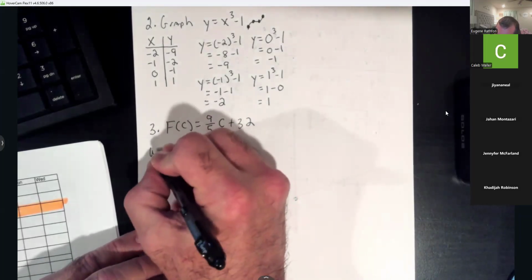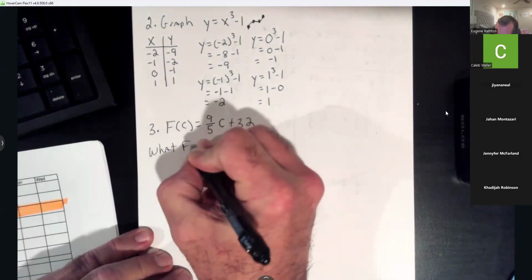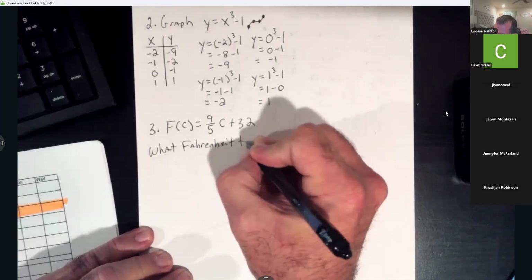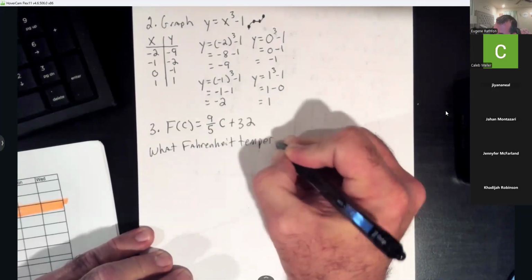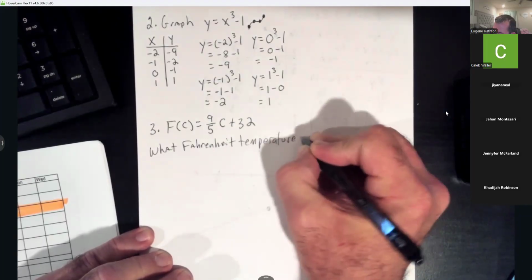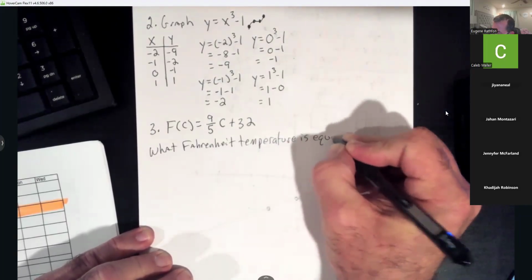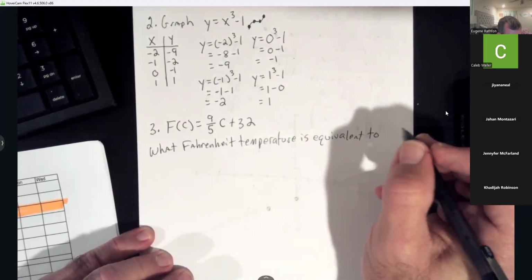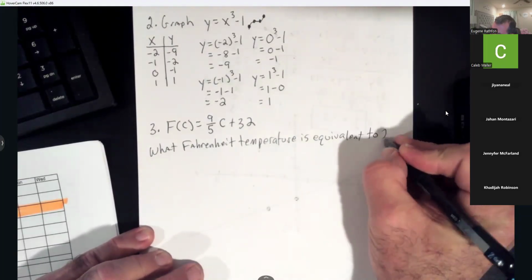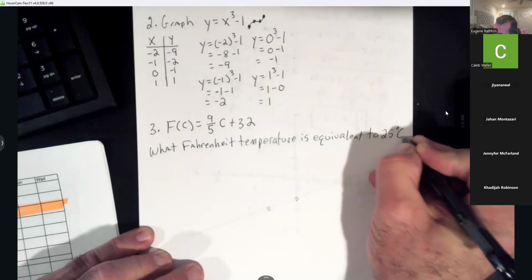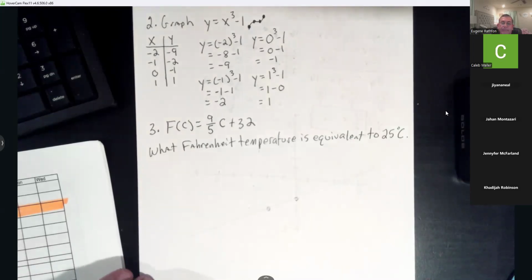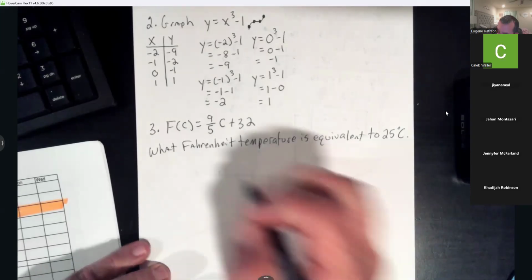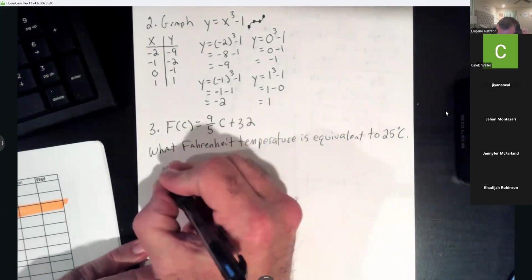So they want to know what Fahrenheit temperature is equivalent to 25 degrees Celsius. So basically, I'm finding F of 25, since that's what I'm putting in for my Celsius.